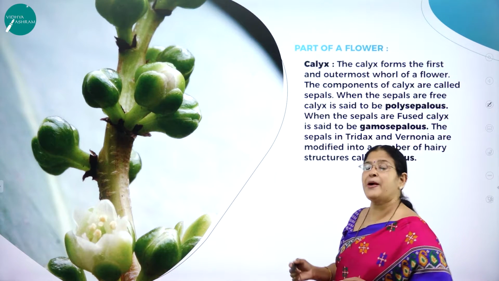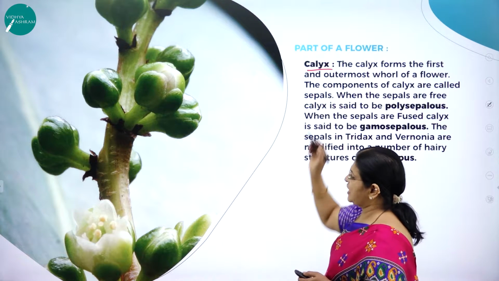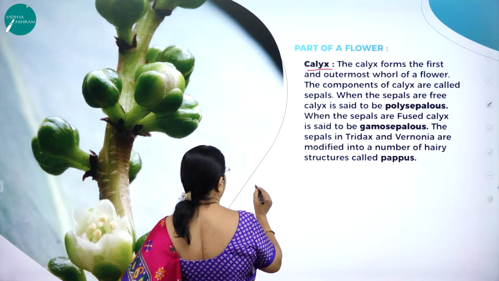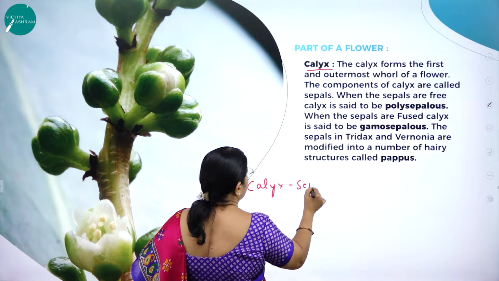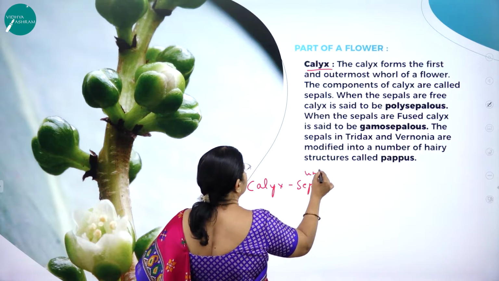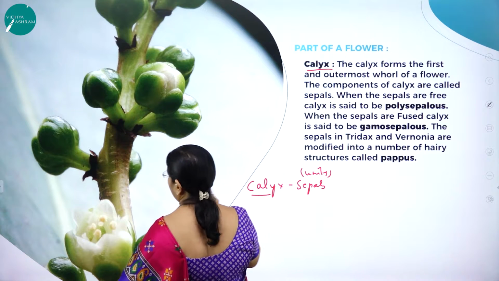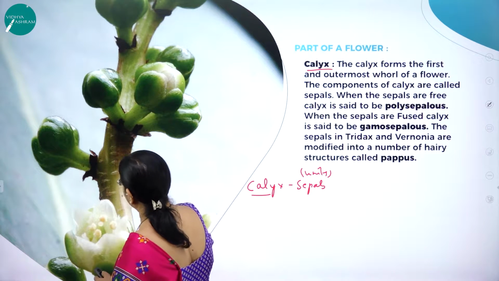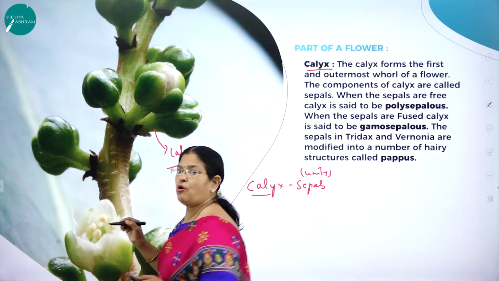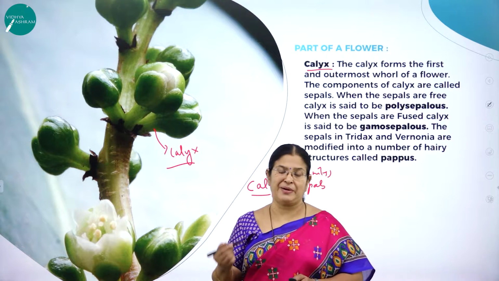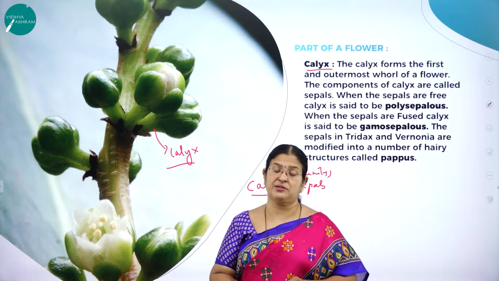Moving on to the parts of a flower. Calyx. Calyx is very important. As I said, the units of calyx are called sepals. Here you can see the calyx. All of us know, when the flower is in a bud condition, what is it that protects the flower?